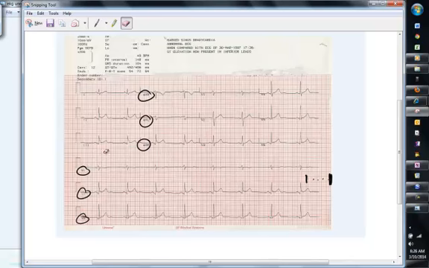So let's do that vertical distance also. We would go from here up to here, which is 1 millivolt.